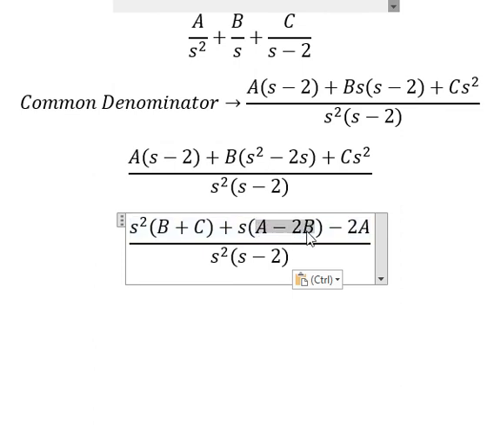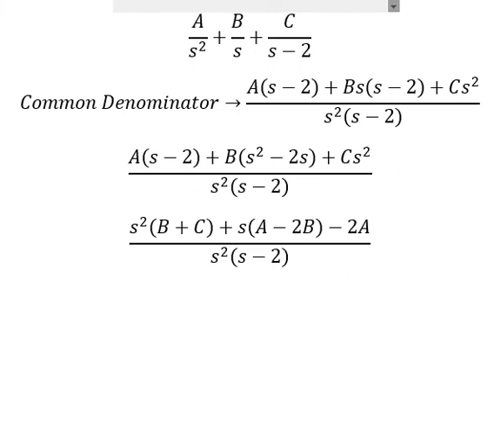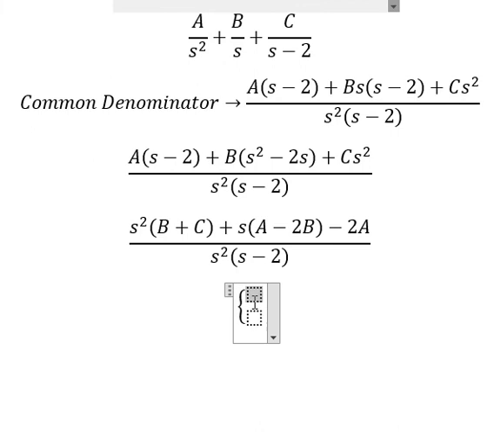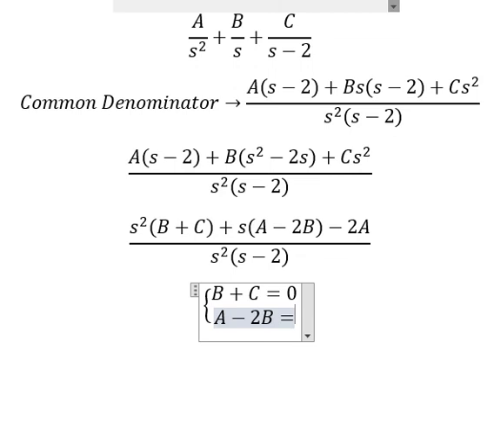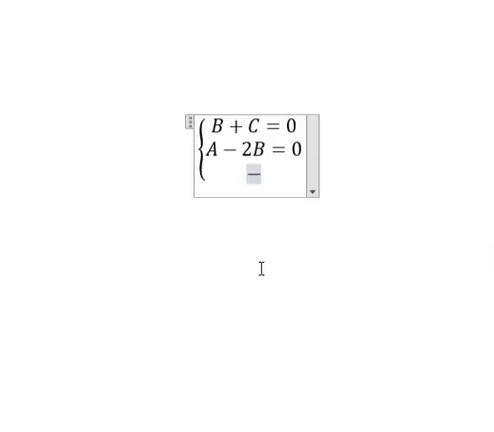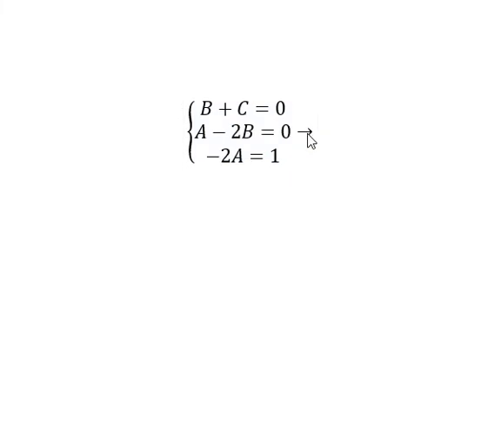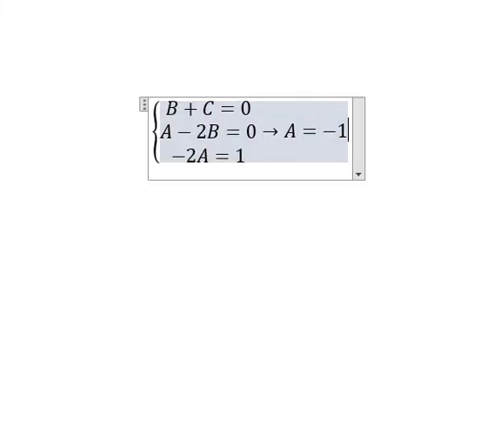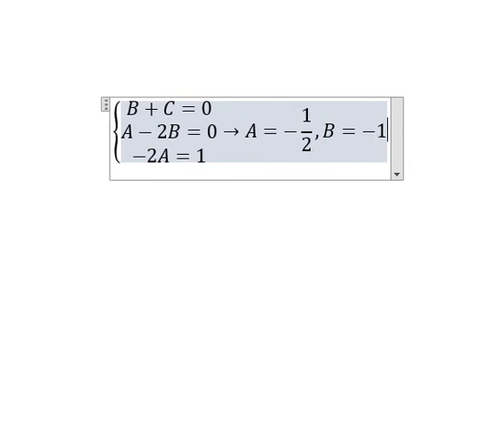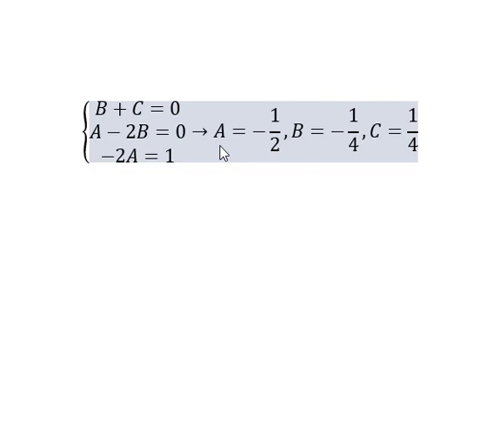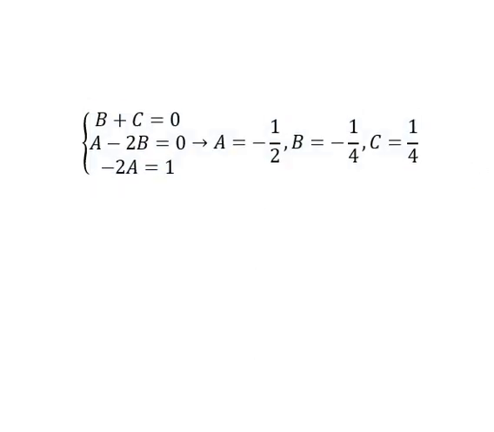So A minus 2B, B plus C equals number 0. And now we can find the solutions of A, B, C. So we have A equals negative 1 over 2, B equals negative 1 over 4, C equals 1 over 4. And now I will put A, B, C go in here.